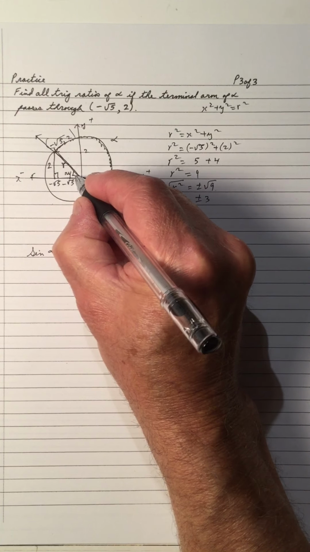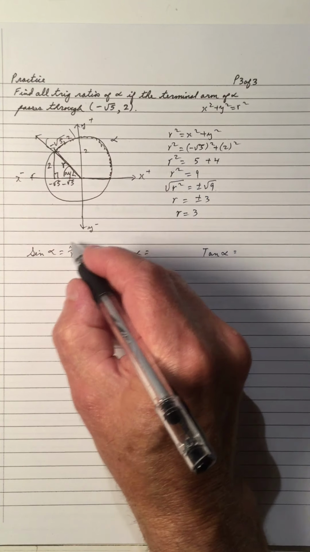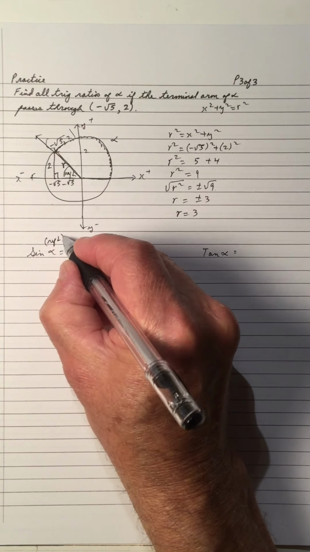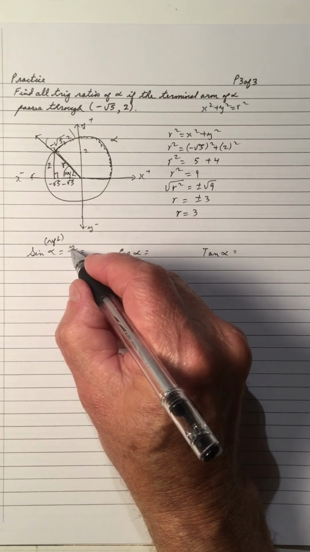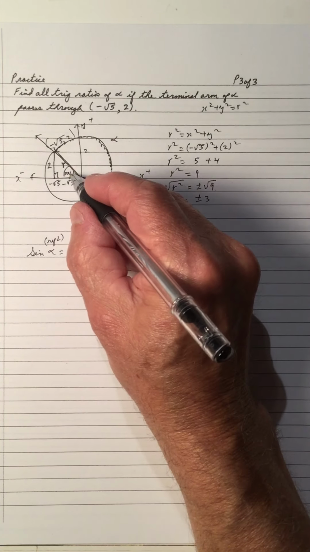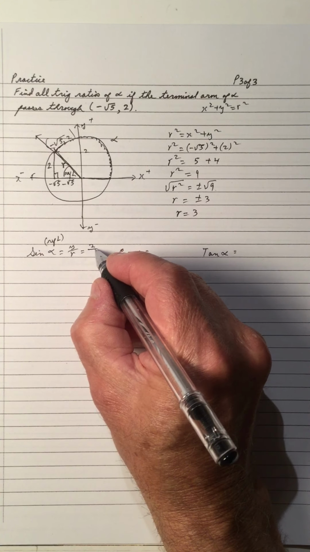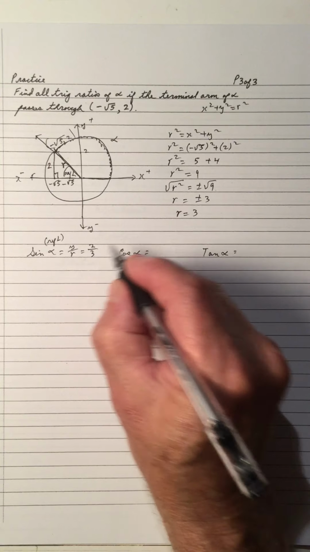So the reference angle is this angle here that determines it, even though I have alpha rotating to here. This is the reference angle, and I just put an REF. Reference angle is what determines this ratio. So it's the y, which is 2, over the radius, which is 3.